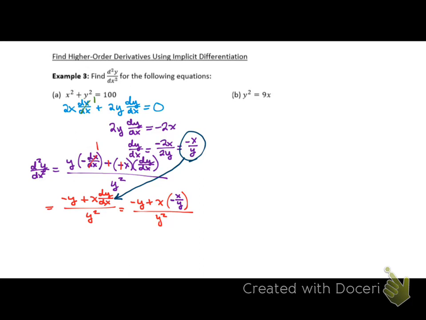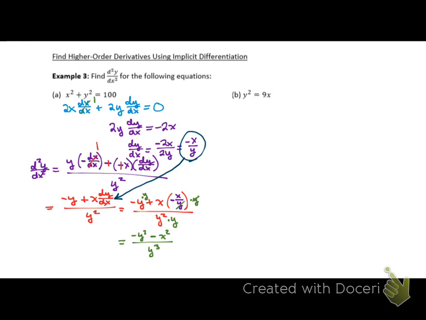If I multiply every term by y, then suddenly that's times y, that's times y, and that's times y. Then now I have negative y squared. That y cancels that y, making this negative x squared over y cubed. That's the prettiest form it's going to be in. And while you don't have to do that for a free response question, if this were given in a multiple choice question, that's how it's going to look. Okay, so you need to know how to do that.